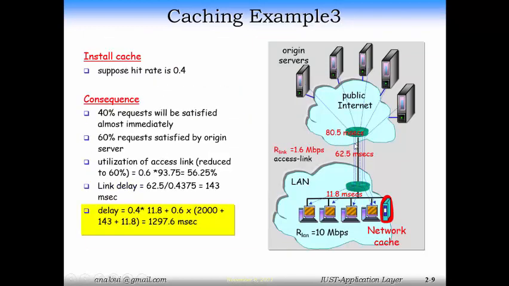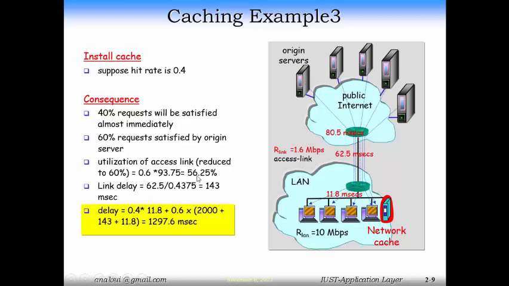And now, again, I'm using the primary link, 1.6 megabit per second, so I can use similar calculations. But now I know that only 60% of requests would pass over this link. So I'm multiplying the primary utilization by 60% or 0.6.